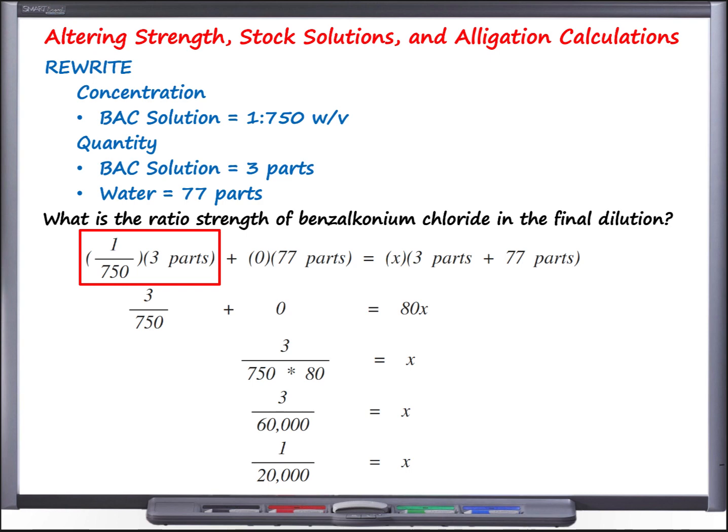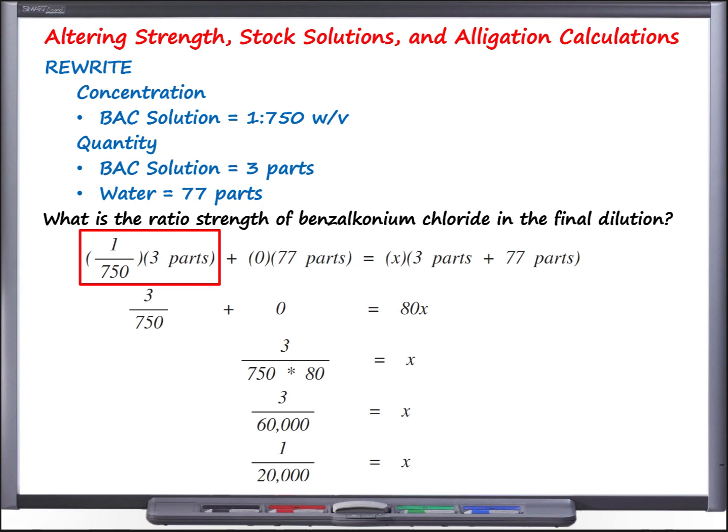We don't know how many milliliters we're going to use, but we know relative to the amount of water we're going to be adding, we're going to have a volume of 3 parts of this initial benzalkonium chloride solution. So the concentration is 1 over 750 times its volume, which is 3 parts. That describes our benzalkonium chloride component.